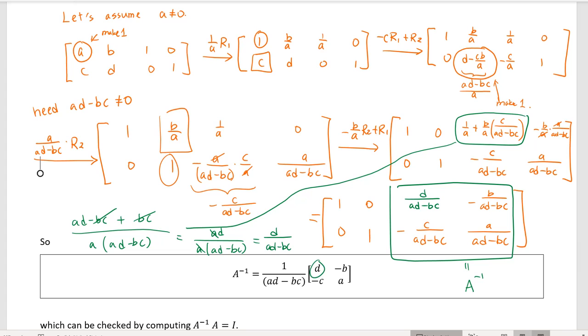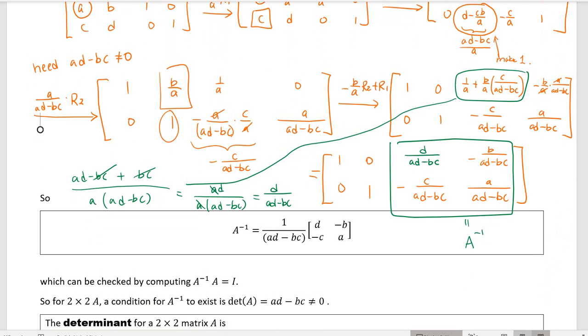We have D, minus B, minus C, and A. So this is the formula of the inverse matrix for a 2 by 2 matrix A, okay? And in order to have the inverse exist, we need what? We need the denominator to be not 0. So that's why the determinant of A, we define it to be AD minus BC.